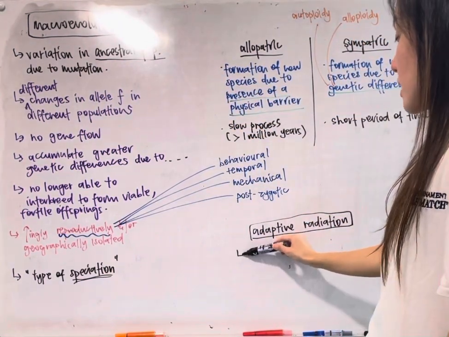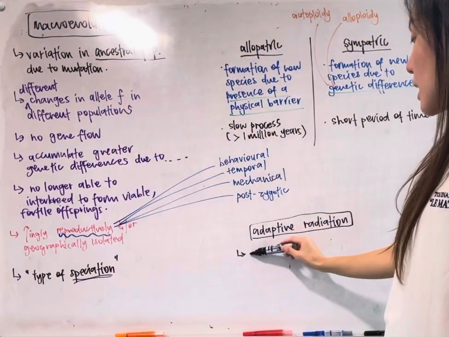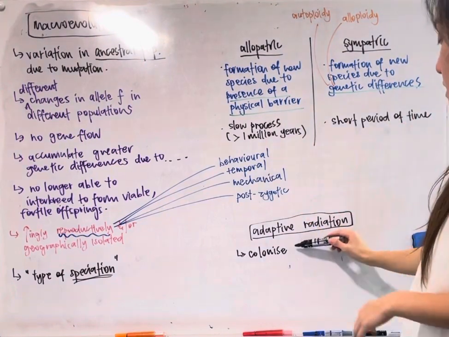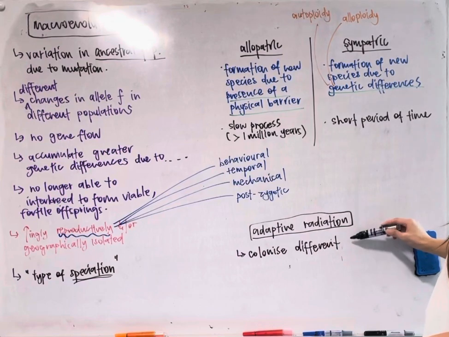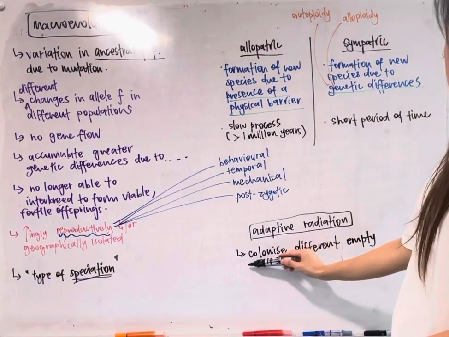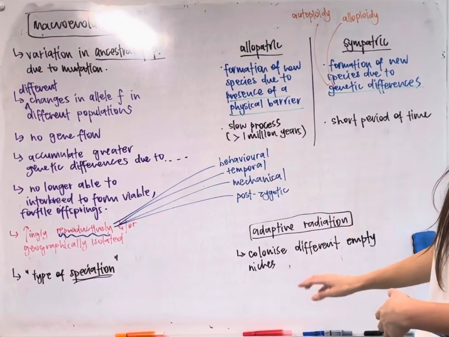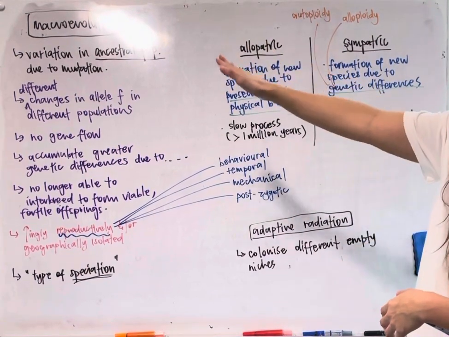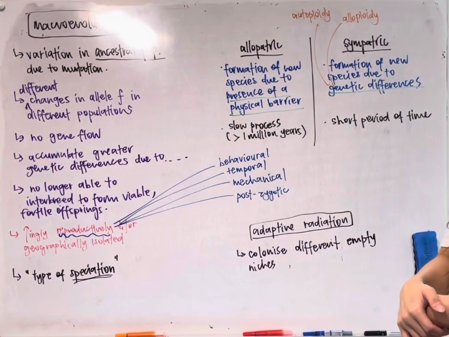You must say how they were able to colonize new, different, empty ecological niches. Then you specify that the different niches have different selection pressures. Repeat the same things you learned from macro and microevolution.